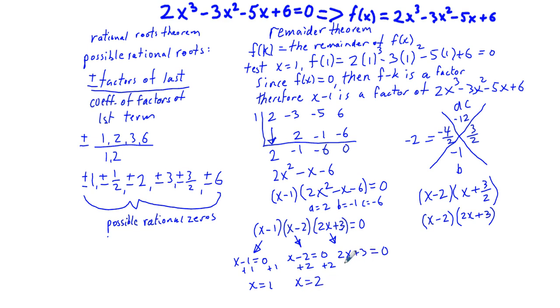And the right one here, if we subtract 3 first, then we have 2x equals -3, and then divide by 2. We have x equal to -3/2. So these are our solutions.